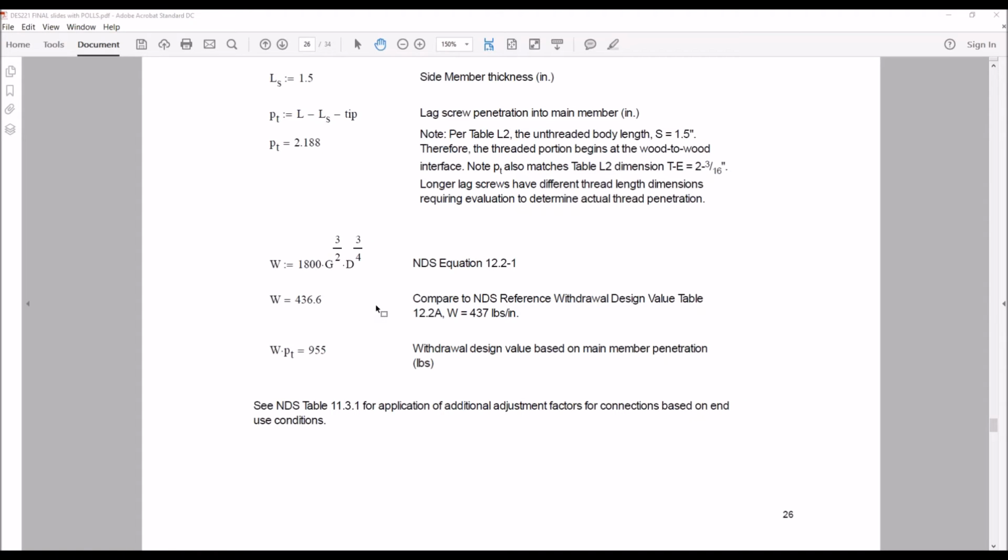So we calculate a reference withdrawal design value of 436.6 pounds per inch, which rounds up to the tabulated design value in table 12.2A in the NDS of 437 pounds per inch. And again, remember, we multiply that by the thread penetration. So that for us is this 2.188. And we get a withdrawal capacity of 955 pounds for that lag screw.